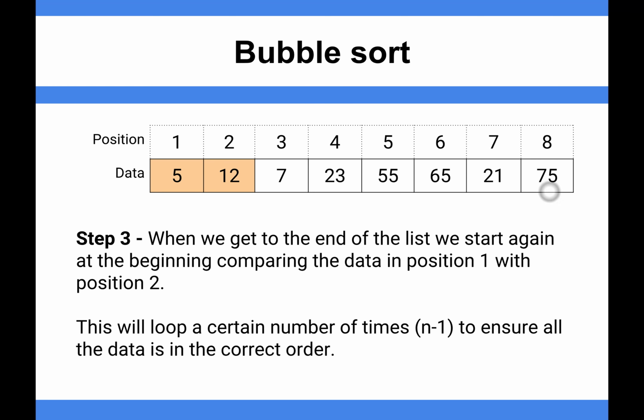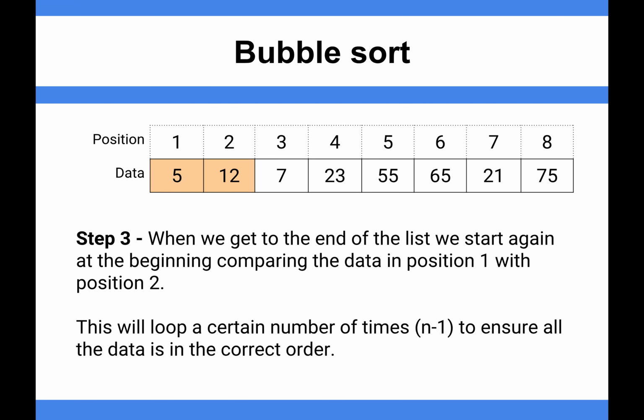So worst case scenario, I can guarantee the correct piece of data is in position 7 after the second loop, position 6 after the third loop, etc. So the reason it's n minus 1 is because, let's say the length of our data structure is 8. If we did 7 passes, I can guarantee the back 7 are all in the correct positions. Therefore, the first must be in its correct position.